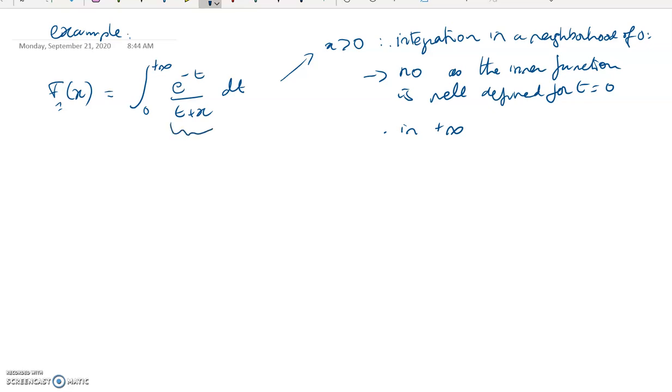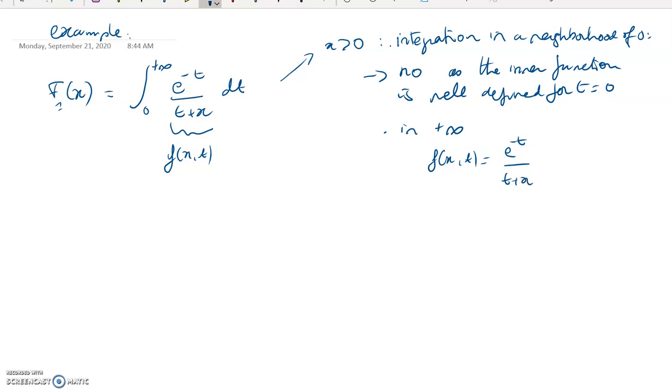This function can be seen as f depending on x and t. In a neighborhood of infinity, our function f of x and t is equal to e to the negative t over t plus x.